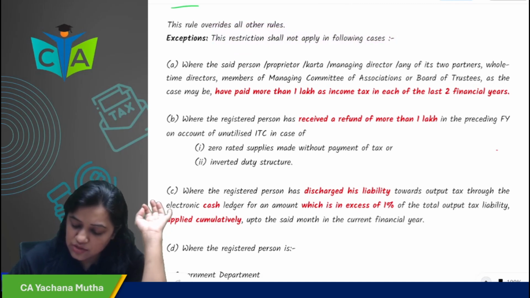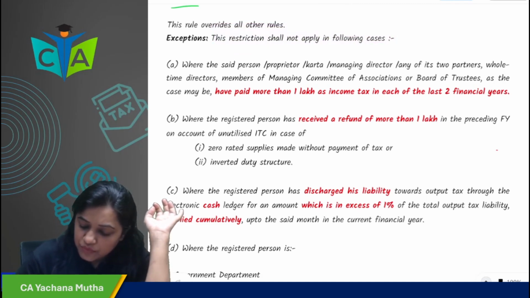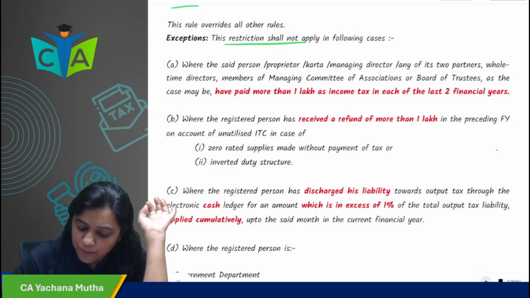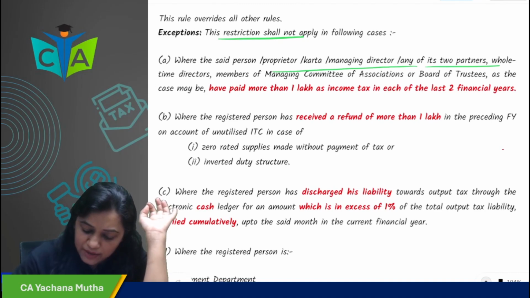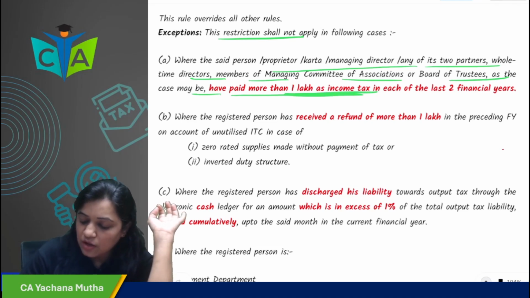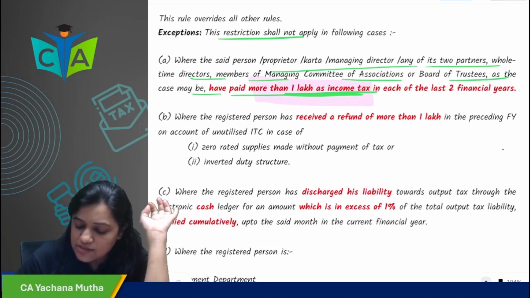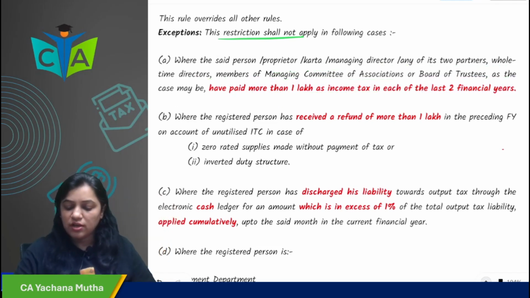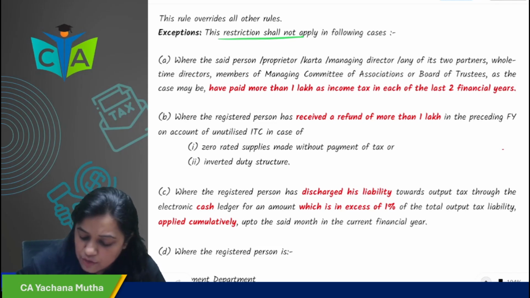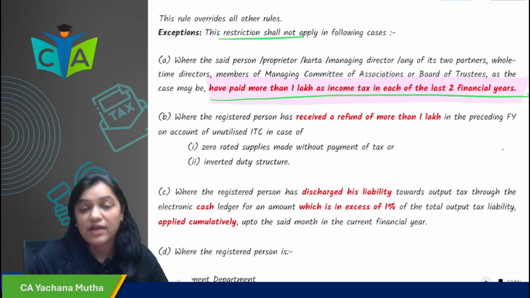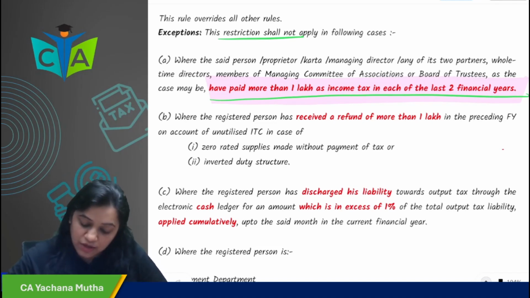What are the cases when the restriction is not applicable? The restriction will not apply where the proprietor, karta, MD or any of the two partners, whole-time directors, members and so on, as the case may be, have paid more than 1 lakh as income tax in each of the last two financial years.